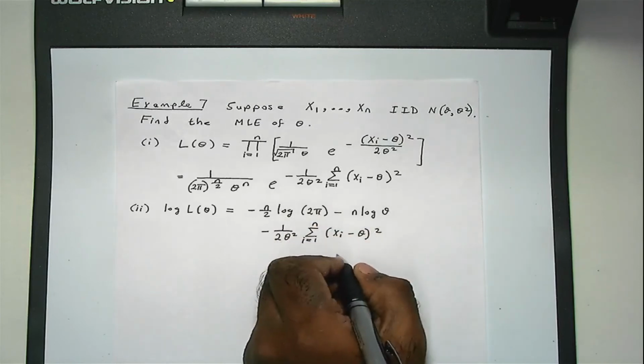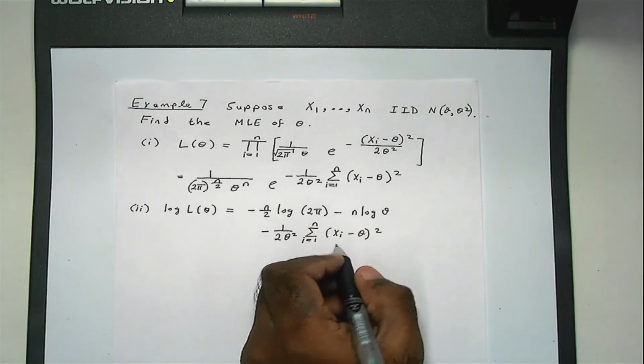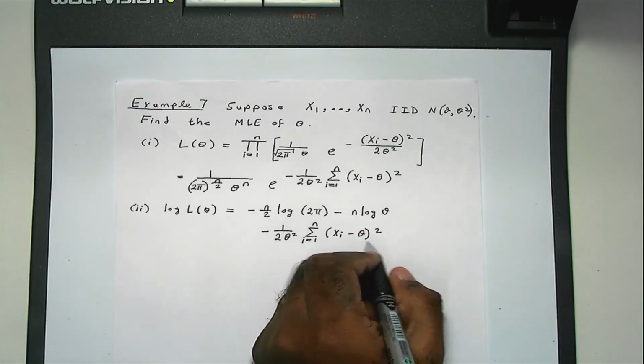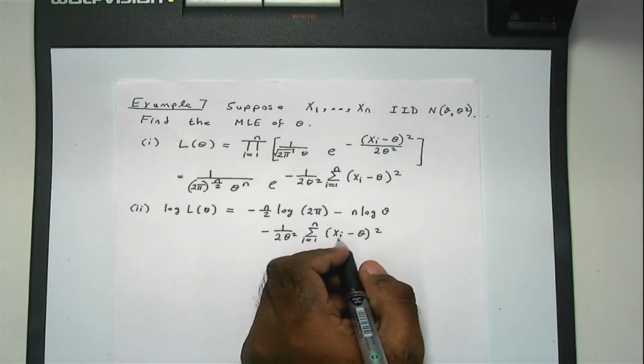Now what I'm going to do is open the brackets here. Remember, when you open the brackets you get 3 terms: a squared plus 2ab plus b squared.